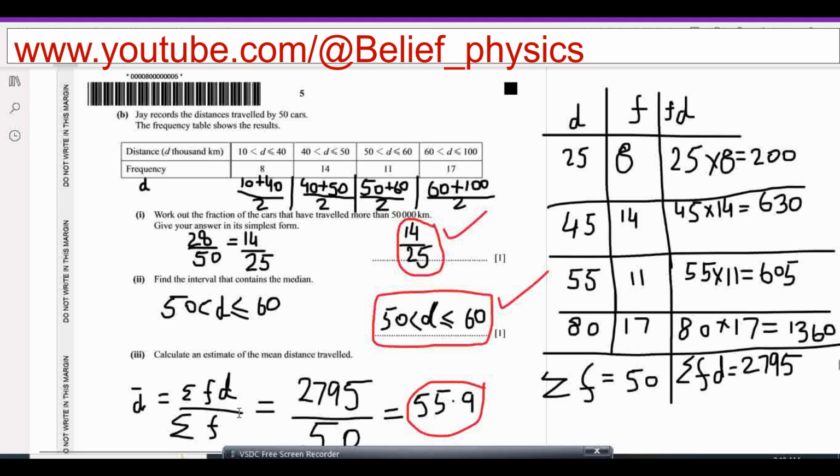So put in the values here. The mean value is equal to summation FD over summation F. Summation FD is 2795 over summation F is 50. So 2795 over 50 comes out to be 55.9. So the mean value is 55.9 thousand. Okay, that's it.